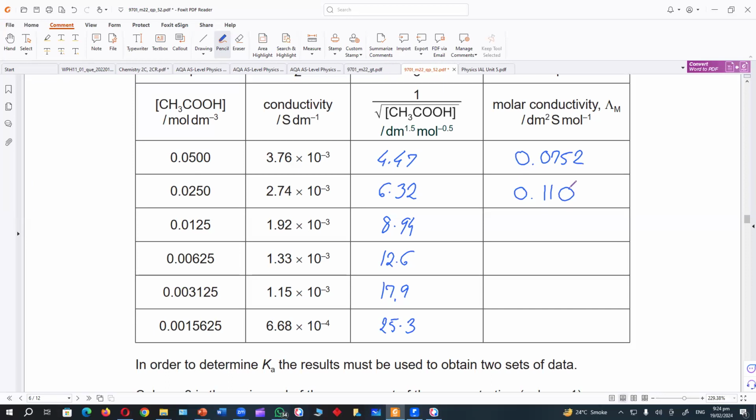Zero point one five four. 0.154. Then it's 0.213. And 0.368. And it's 0.428.